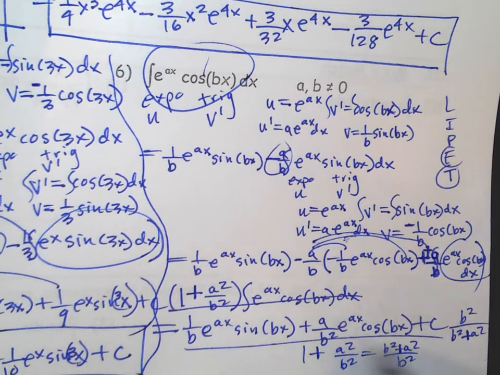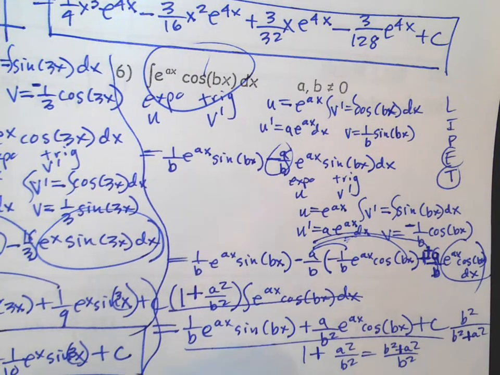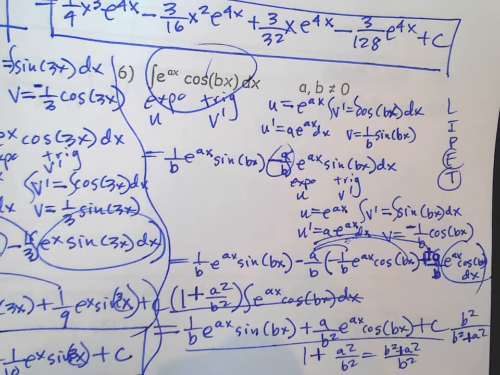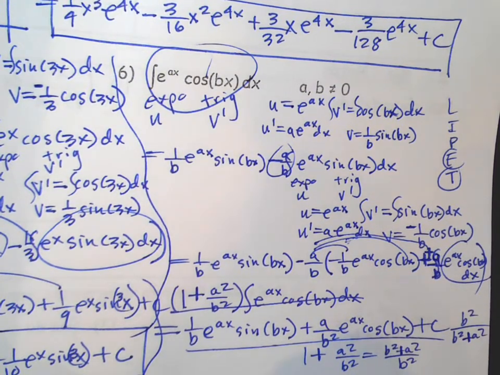I think we have our answer. The integral of e to the ax cosine bx dx equals 1 over b e to the ax sine bx.